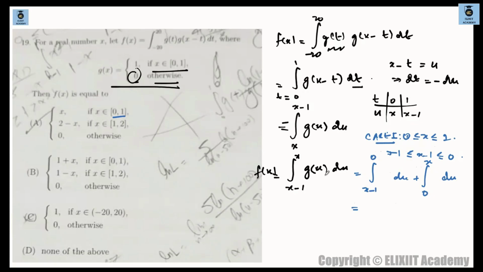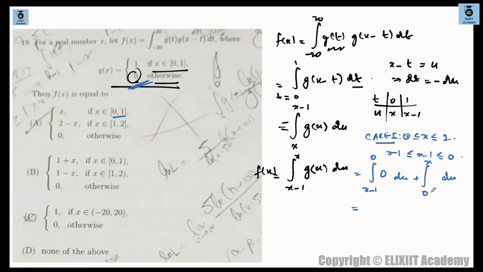Now we see what happens with g(u). When u lies between x minus 1 and 0, it's still less than 0, and for any quantity less than 0, g(u) directly becomes 0.